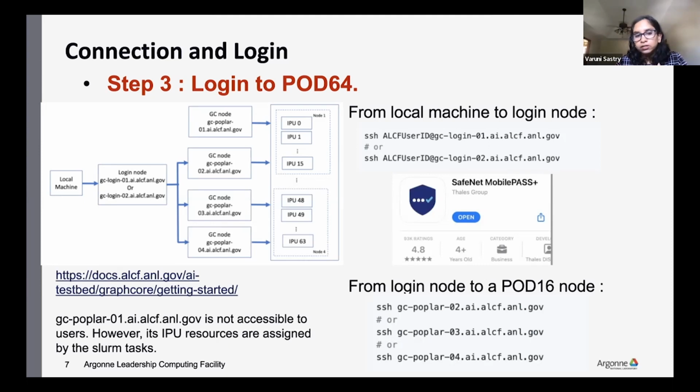So you cannot directly log into GC node 1. But having said that, any IPUs that are associated with GC Poplar 1 can easily be accessed from the other compute nodes, because Slurm is a resource allocation manager that assigns those particular IPUs to your runs. So these are essentially the steps required to log on to the compute nodes.